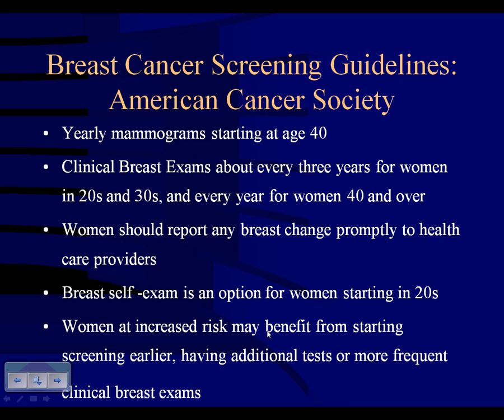Women at increased risk may benefit from earlier screening or additional tests and more frequent clinical breast exams. For instance, patients with a BRCA1 or 2 mutation, if they find that out when they're young, may start getting mammography or even MRIs when they're in their 20s or 30s.